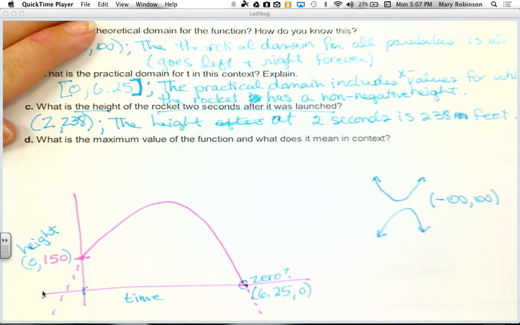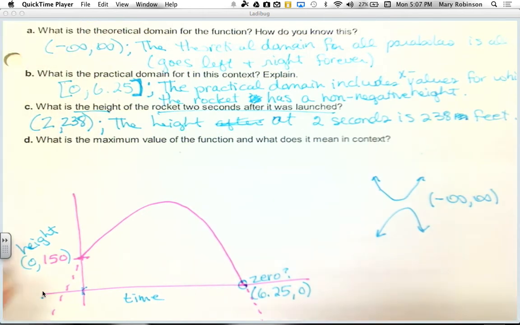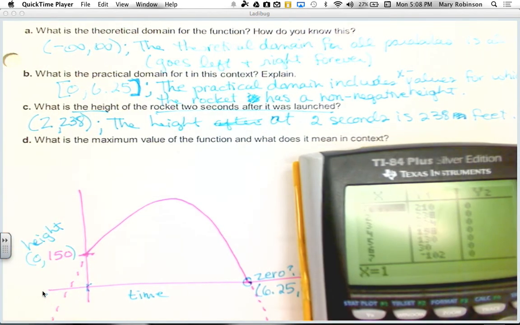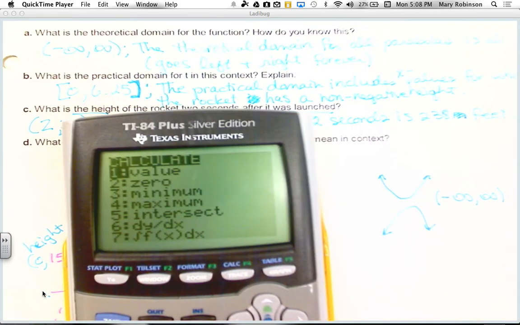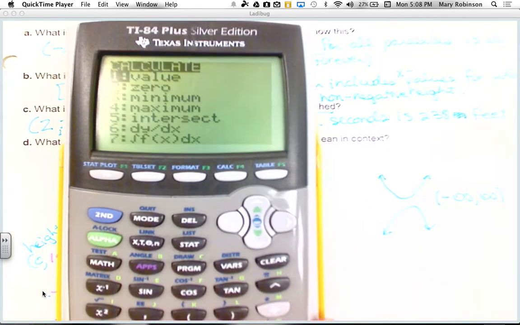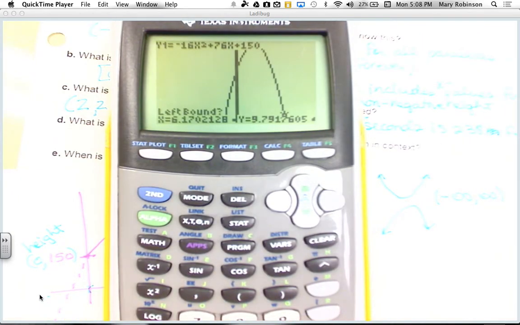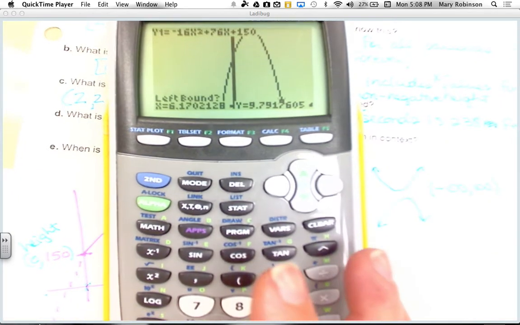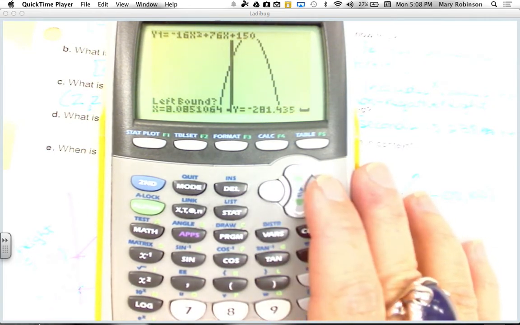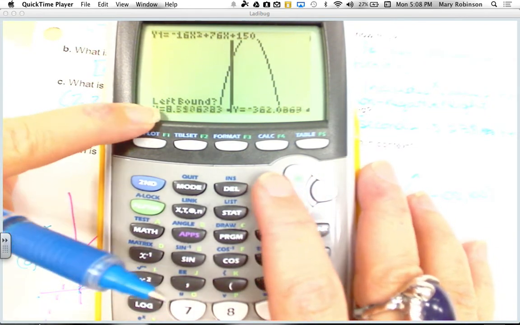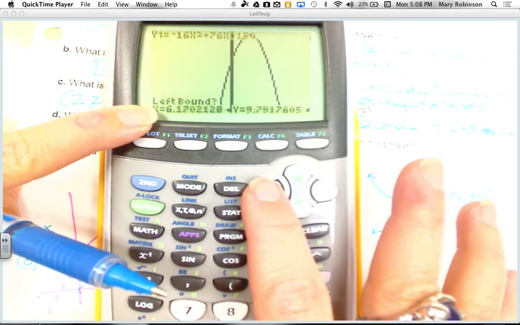Next, it asks what is the maximum value of the function and what does it mean in context. So we've already reviewed max with problem number 1. So second trace max. So second trace 4. Then again I need to move my left bound. Right now it's at 8. It looks like it's too far, so I'm going to hit my left arrow to go back.